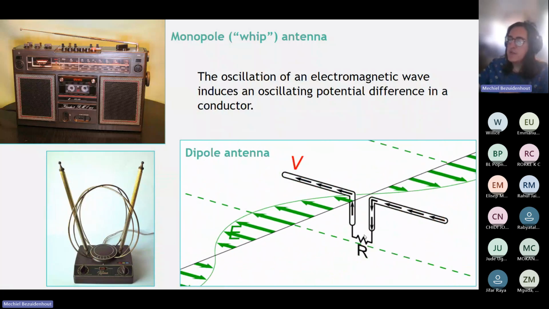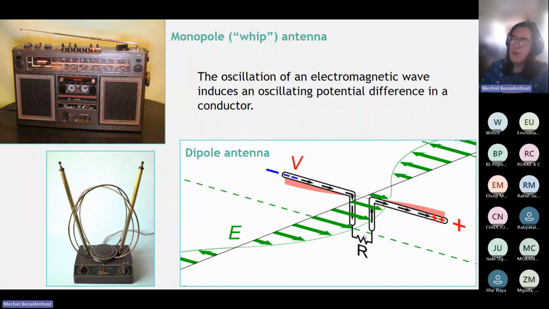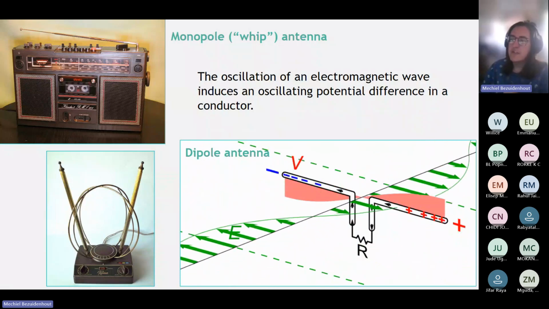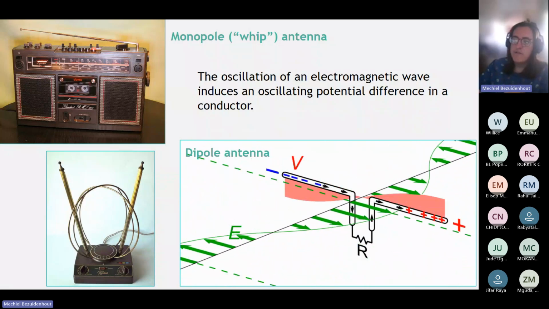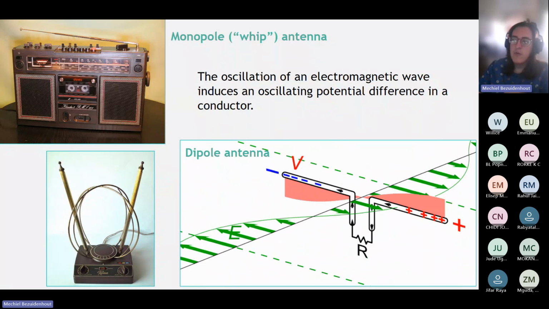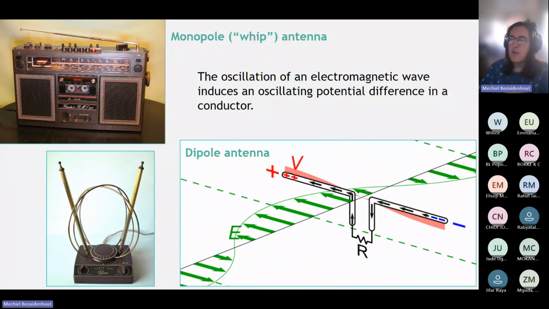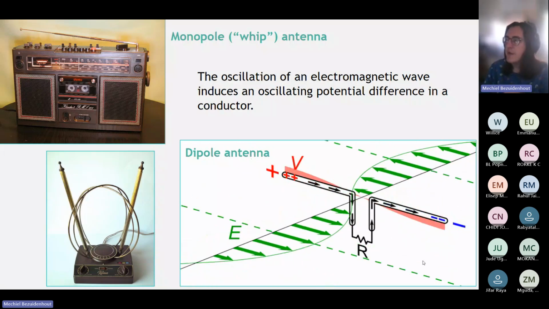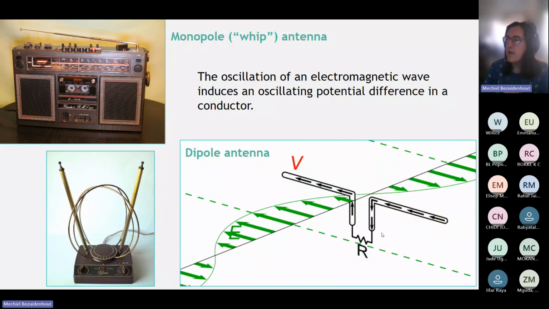And that potential difference is varying along with the amplitude of the electric field. So in this way, we turn the electric field from the radio waves into an oscillating voltage with the same frequency as the radio wave.